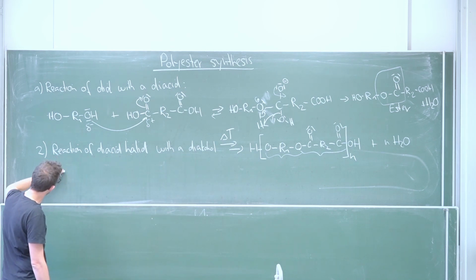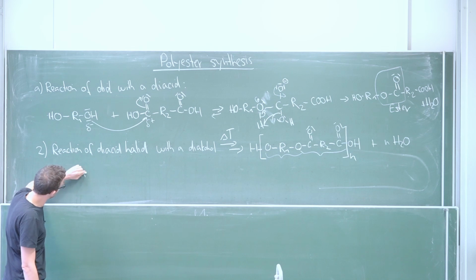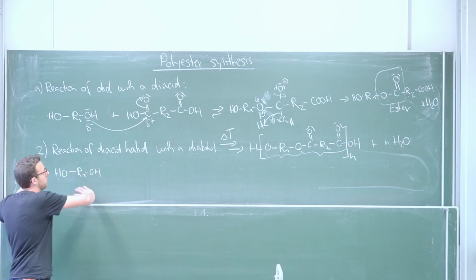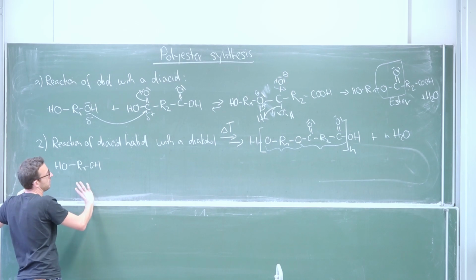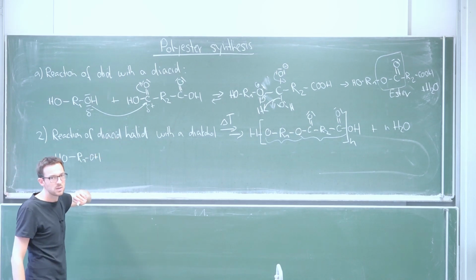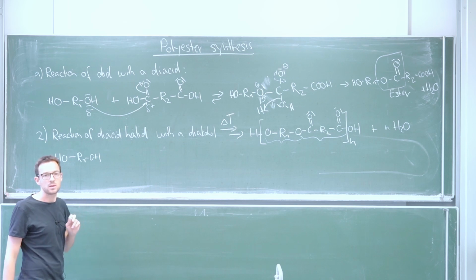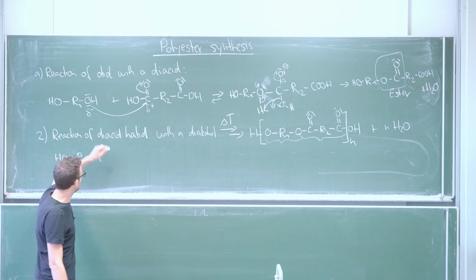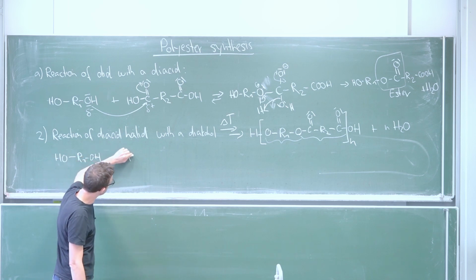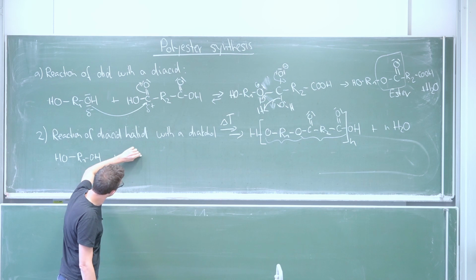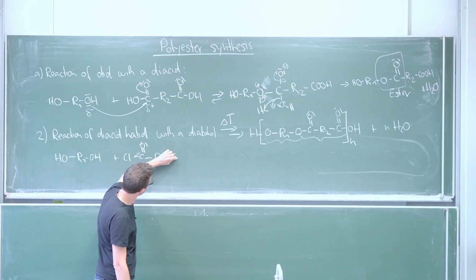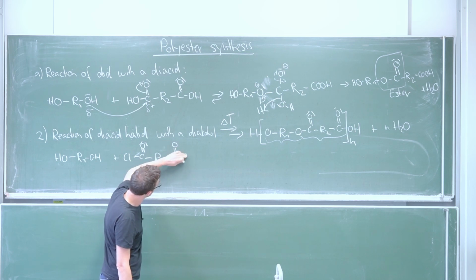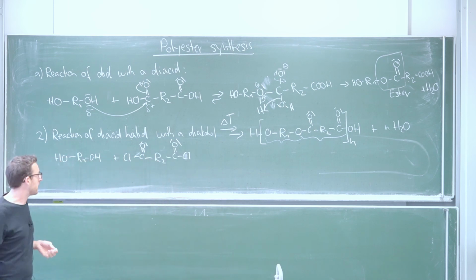So we still have our alcohol here, or dialcohol. Now we don't let it react with a carboxylic acid, but with an acid halide, or Säurechlorid in German, and this then will look like this. But everything else remains the same.